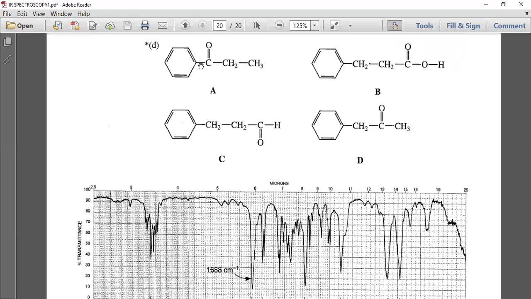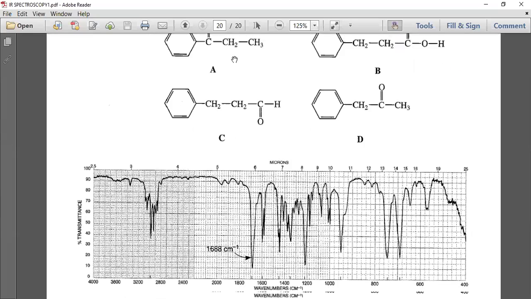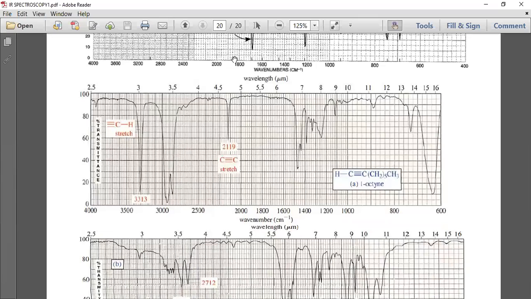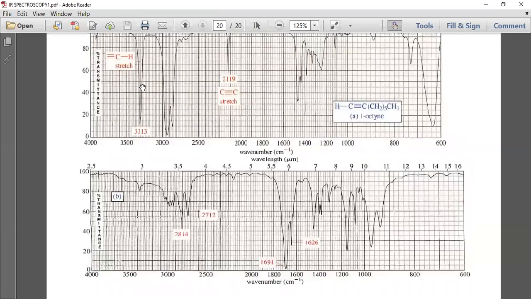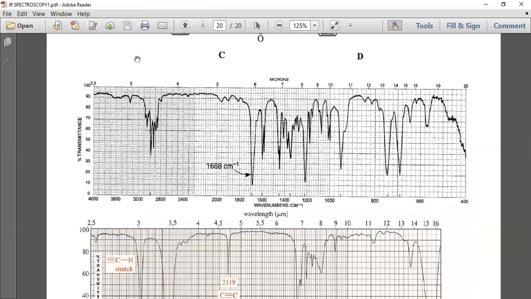In this case, it is conjugated. So 1688 resembles a conjugated carbonyl, right? So the answer is A. Yeah, C triple bond C and CH stretching vibrations. That's all I want to convey to you.